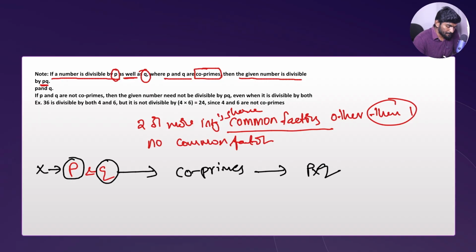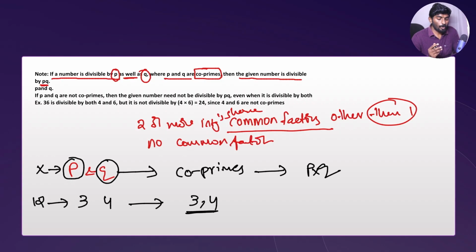Let's say 12. It is divisible by 3 and it is divisible by 4. Now, do 3 and 4 have any common factors? What are the factors of 3? What are the factors of 4? 1 is a factor of 3. 3 is a factor of 3. 1, 2, 4 are the factors of 4.